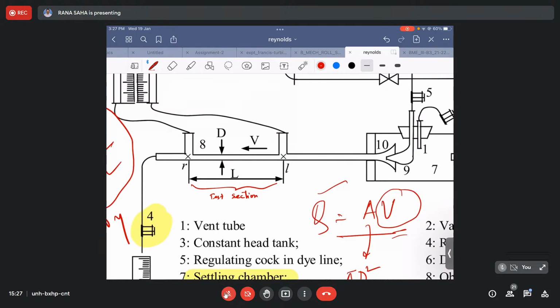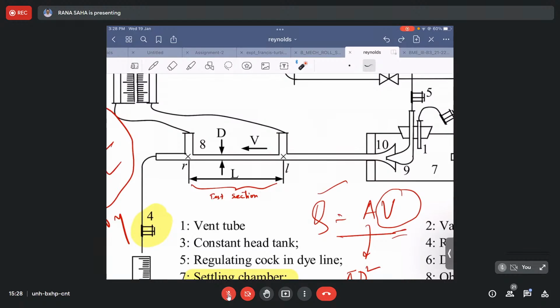Basically, what we are observing here is the streak lines, because if you can recall the definition of streak lines, it is the motion of particles which have a common point of emergence, from where all the dye particles are coming out, right? So all the dye particles are coming out from this point, and then they are carried by the water through this conduit.